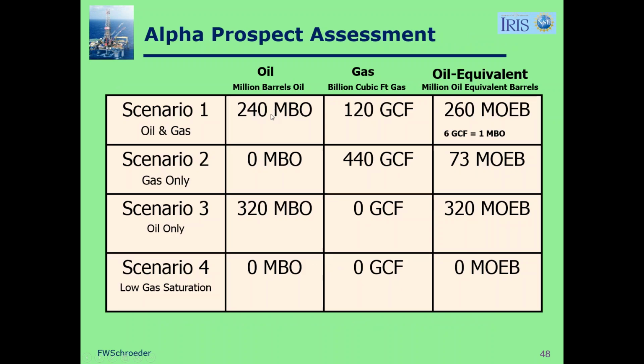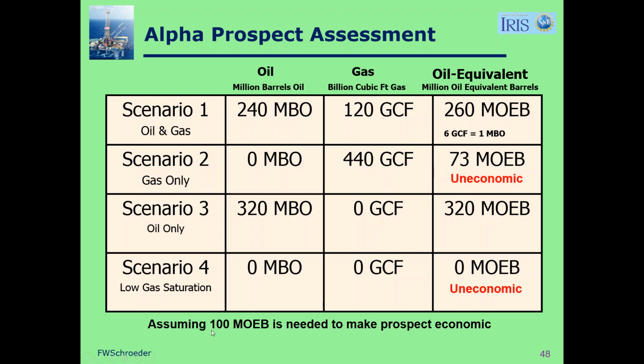So for alpha, I said there were 4 scenarios, and these are the numbers that I calculate. If it's low gas, there's no oil and there's no recoverable gas, there wouldn't be enough to make money off of. If it's oil only, 320. If it's gas only, 440 billion cubic feet. And we can convert that into oil equivalent barrels.